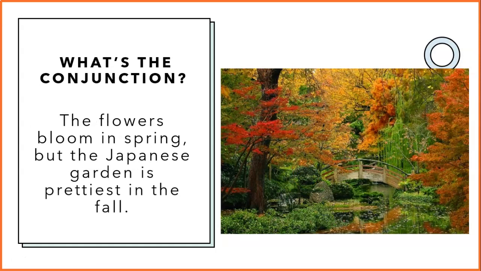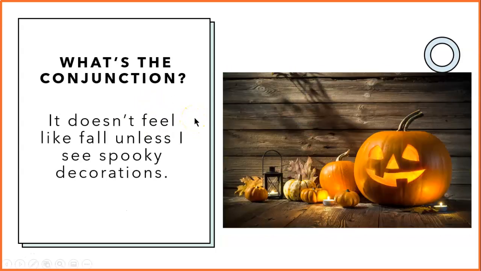What's the conjunction? The flowers bloom in spring, but the Japanese garden is prettiest in the fall. Do you see the conjunction? I'll give you a hint. It's a FANBOYS. But it's a coordinating conjunction. What's the conjunction in this sentence?